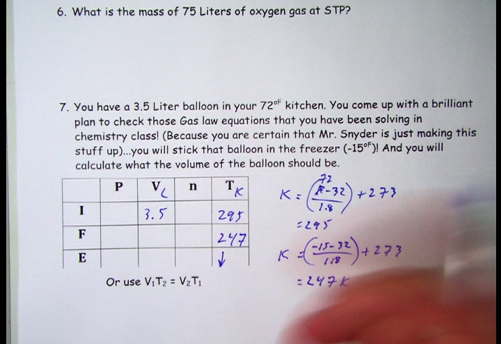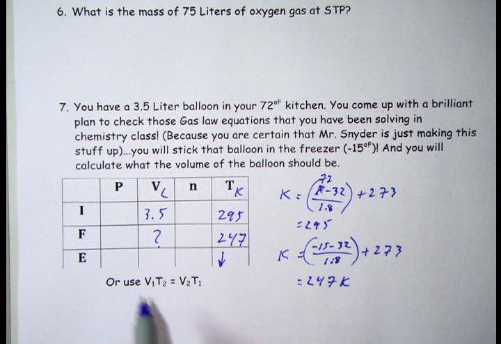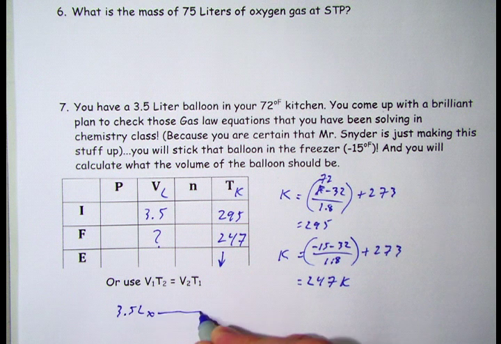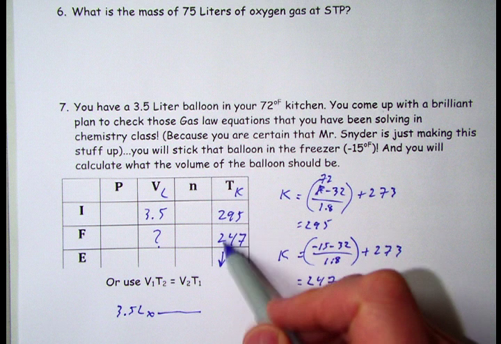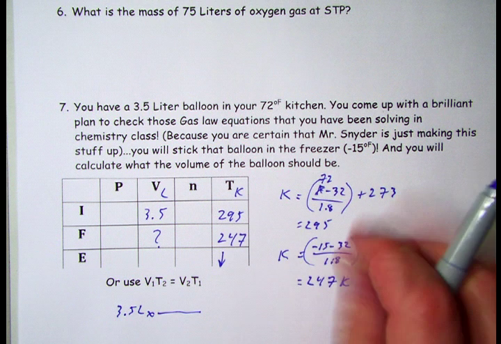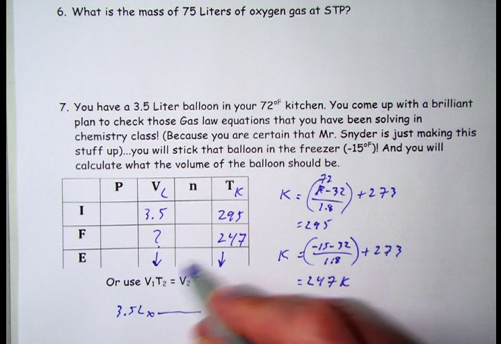This is what will the volume be? Okay, so this is my question mark. And so it's 3.5 liters. We're going to multiply it by this temperature ratio. The temperature went down. That means the particles start to slow down. They don't push against the container as much, and the container's volume should go down.